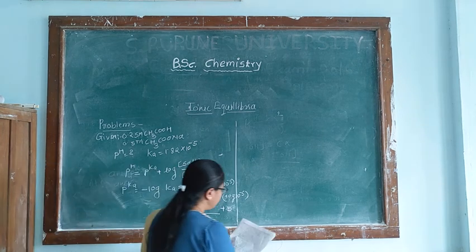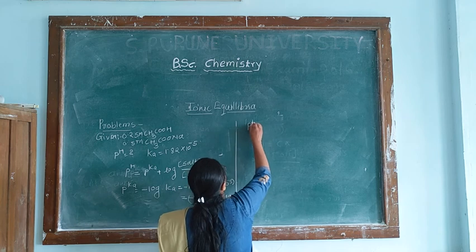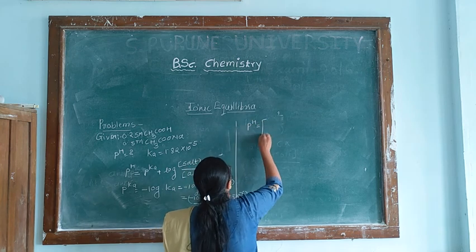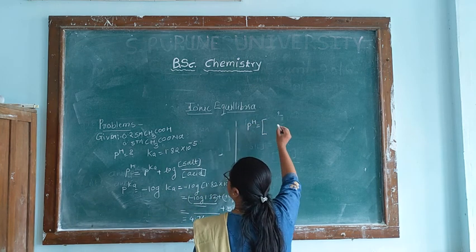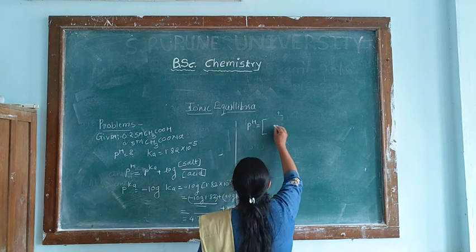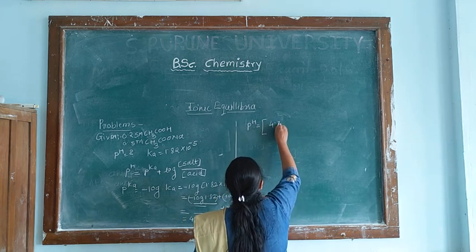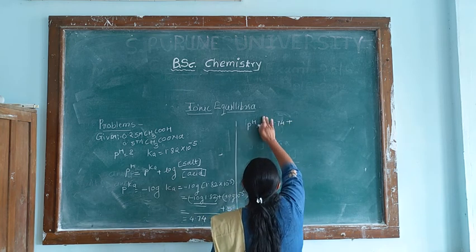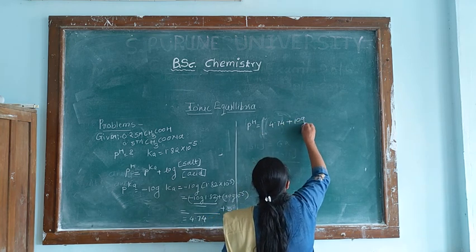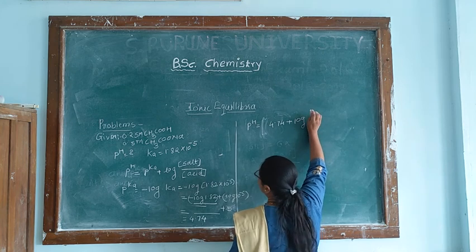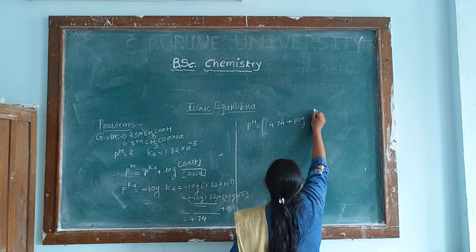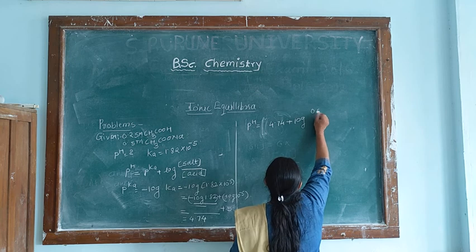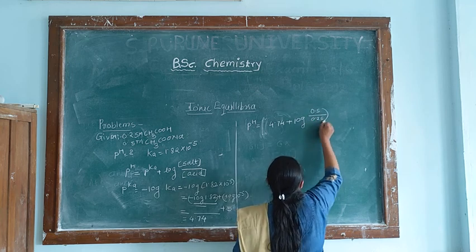Now we will calculate pH. pH is equal to pKa, which we have got as 4.74, plus log of salt concentration divided by acid concentration. So 0.5 divided by 0.25.